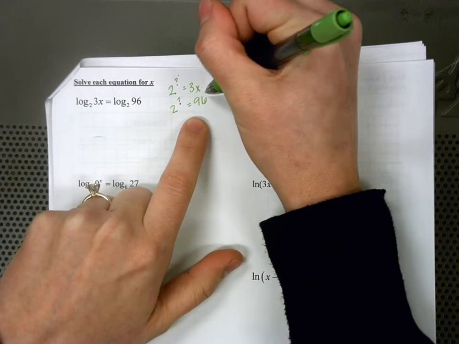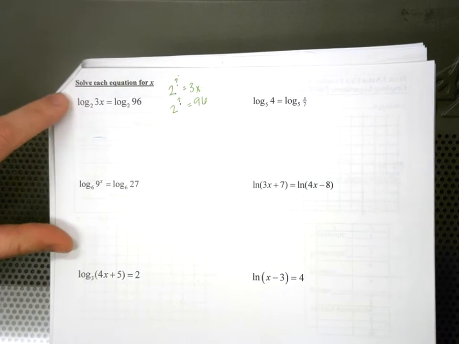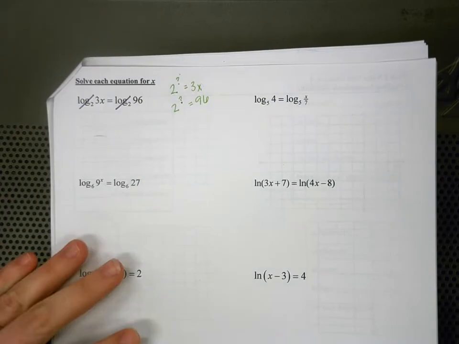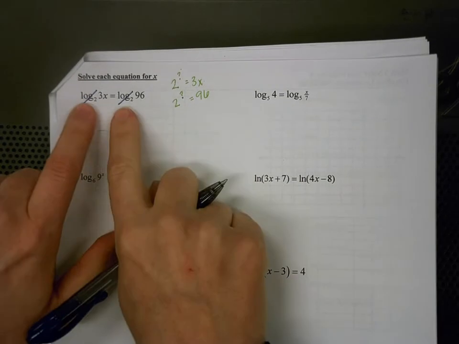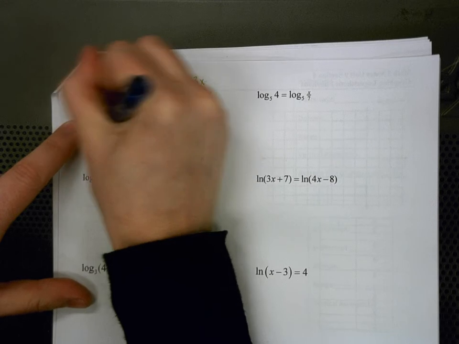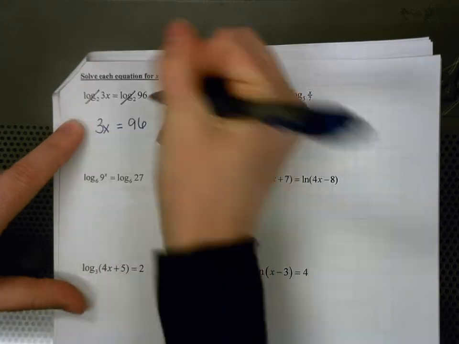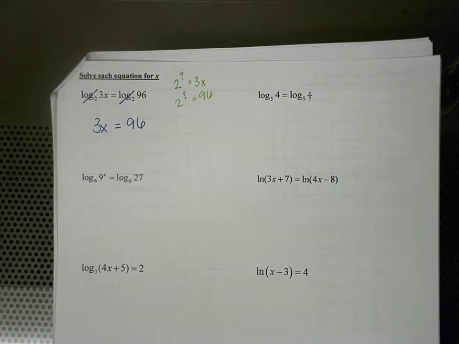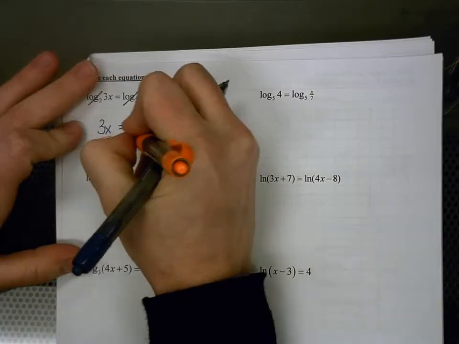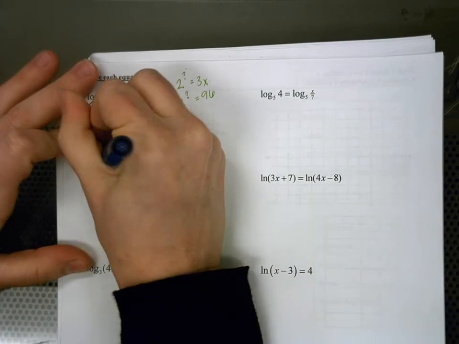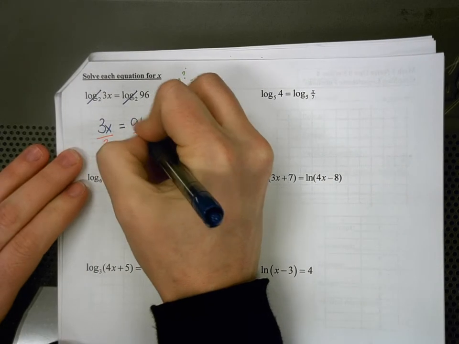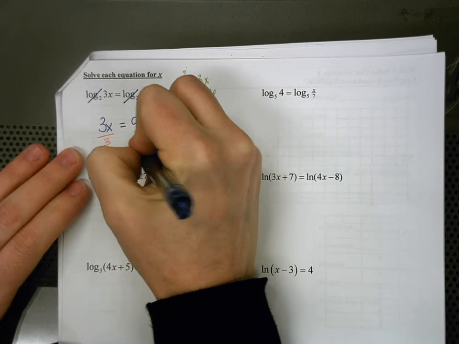So if you have log base 2 on either side, then 3x is equal to 96. Then all you have to do is divide by 3. What is 96 divided by 3? 9 divided by 3 is 3, 6 divided by 3 is 2, so we get x equals 32.